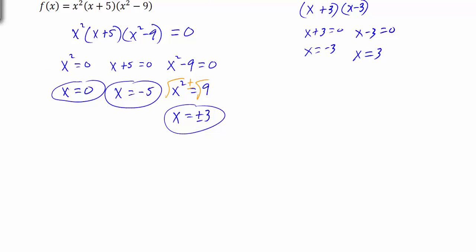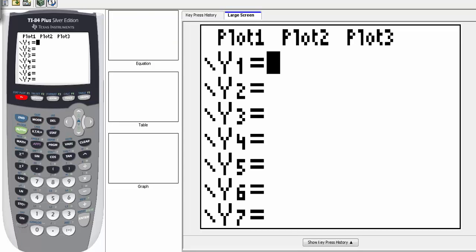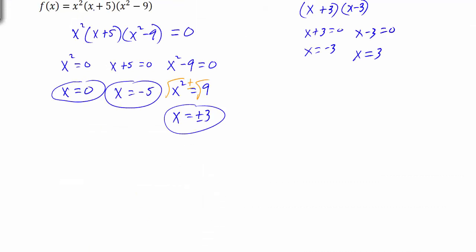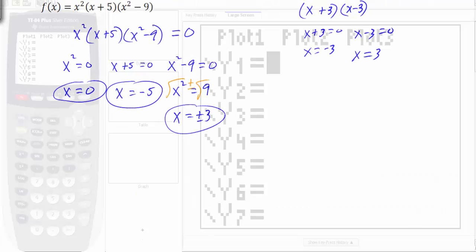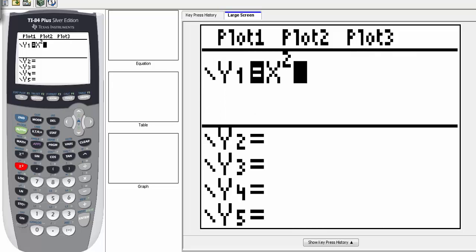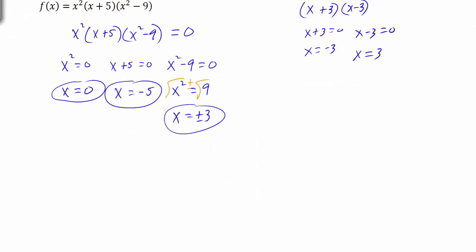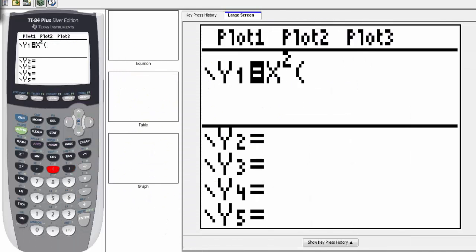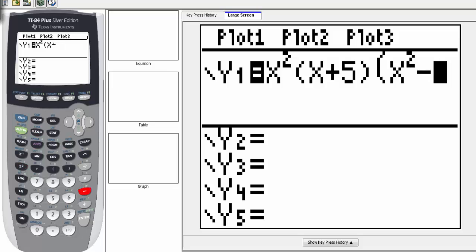So if we look at this graphically, what have we just found? Well, if we take your calculator and go to y equals and graph this particular function, we would have x squared, multiplied by x plus 5, and then x squared minus 9.